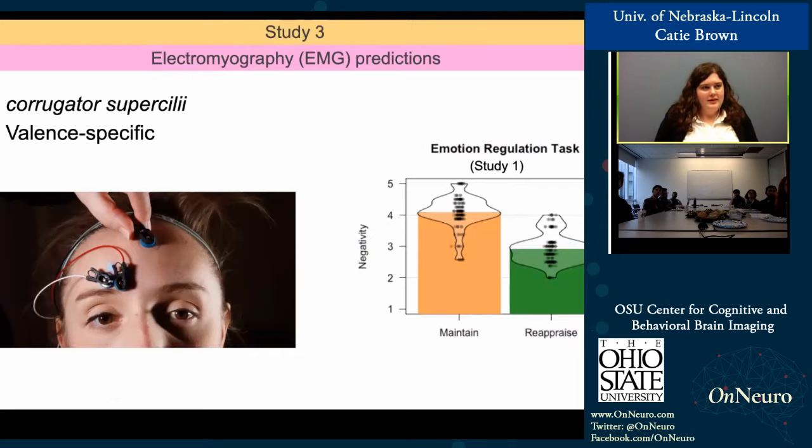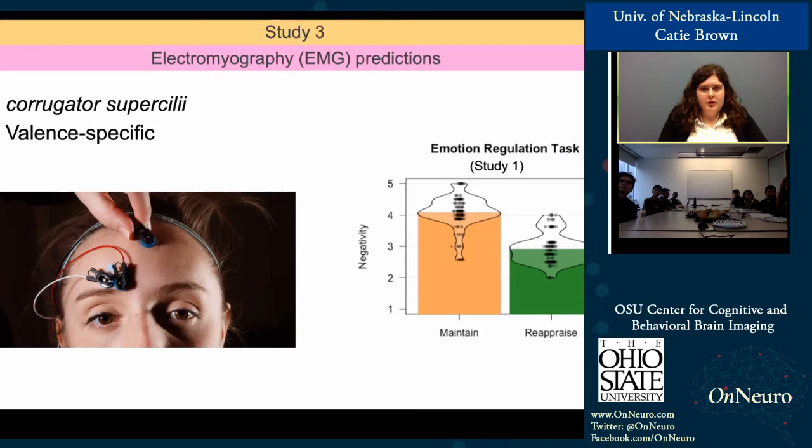All right, so going back to the study and how we use these to look at valence bias and the demand characteristics during the reappraisal task. This is the behavioral data from study 1, the ratings of how negative you feel, just for comparison.